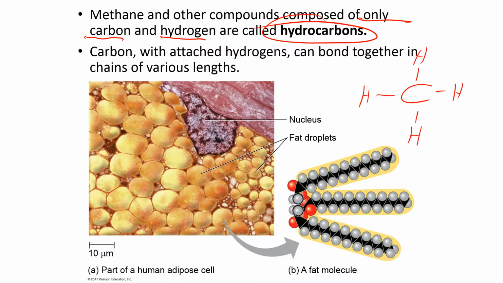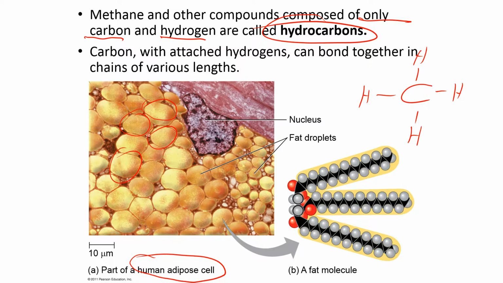Here what you're looking at is a cross section of human adipose tissue. You see all these little droplets here and here and here and here. These droplets contain fat. They contain fat molecules, and this is inside of a cell.